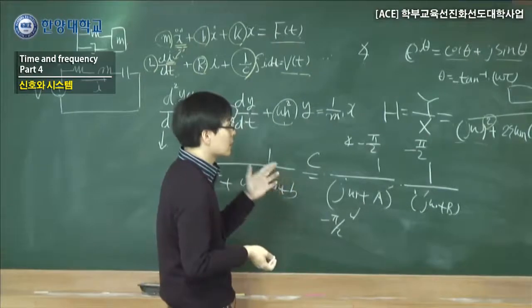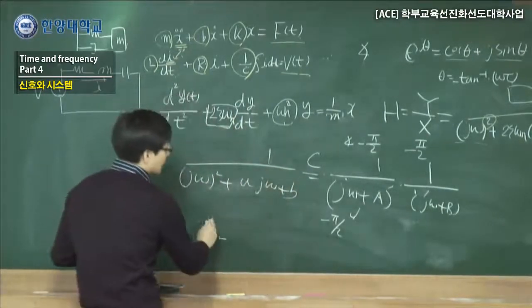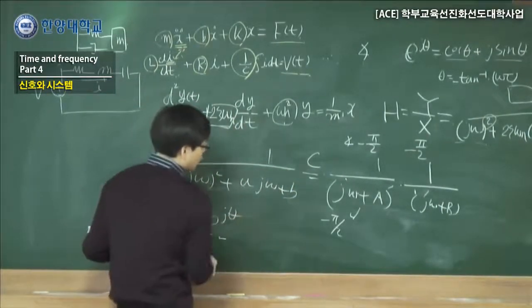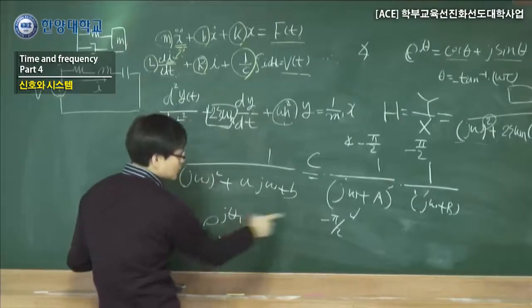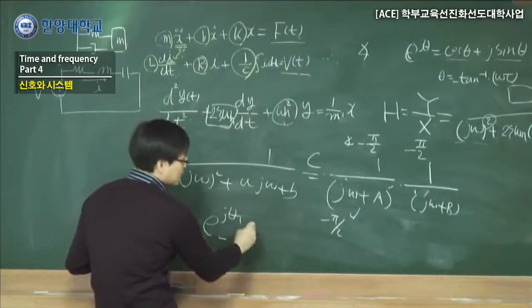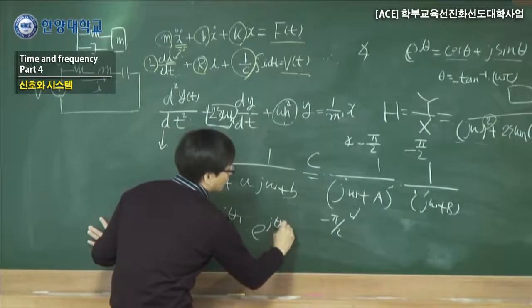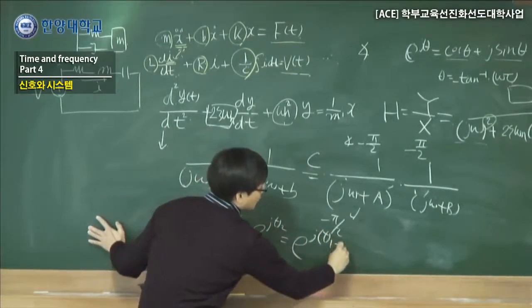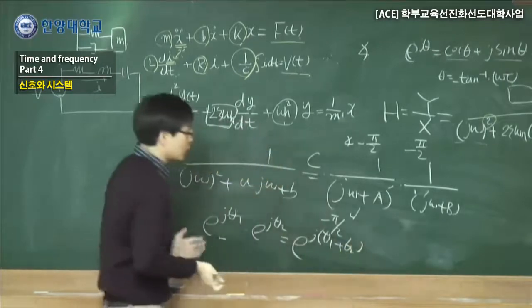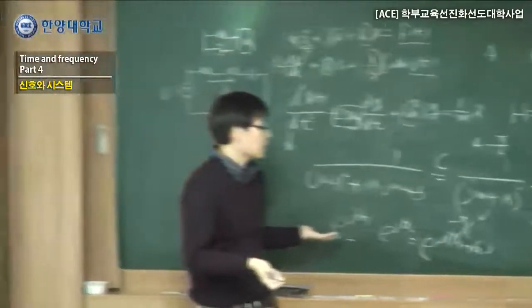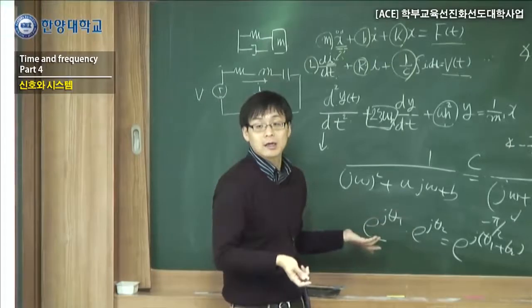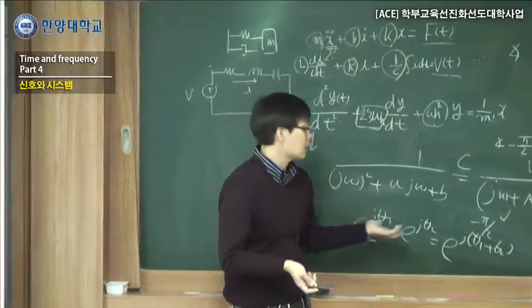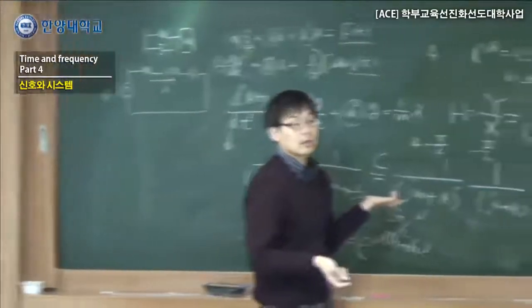In case of phase, keep in mind the e to the j theta range. If the first system has theta 1 phase, the second system has theta 2 phase, then the total system will be theta 1 plus theta 2. So if you have two systems in series, when they multiply in frequency, their phase is actually added up.